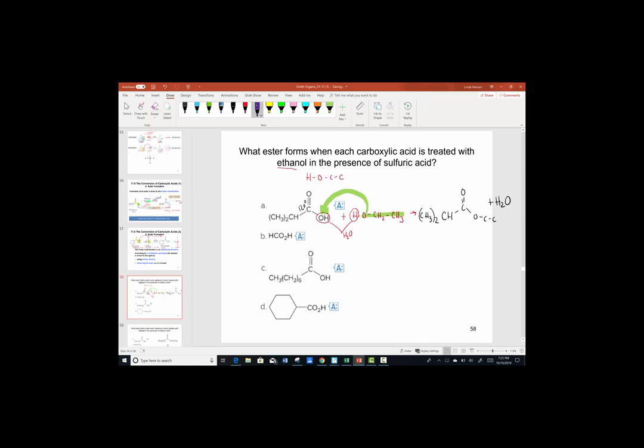Looking here, we're going to add the alcohol, same one again, the ethanol. So we have the OH, CH2, CH3. That is the formula for ethanol. OCC is the alcohol. We know to take the OH and the H, and we combine them to make water. So we always know a byproduct of producing the ester is a water molecule.